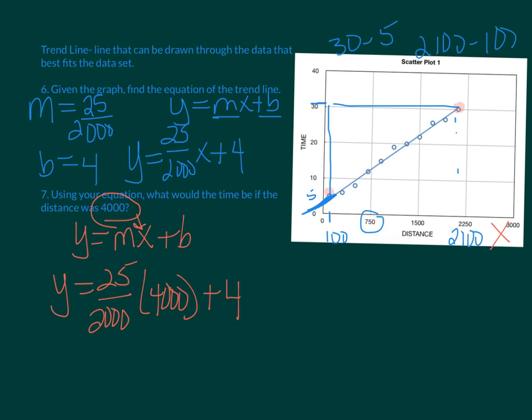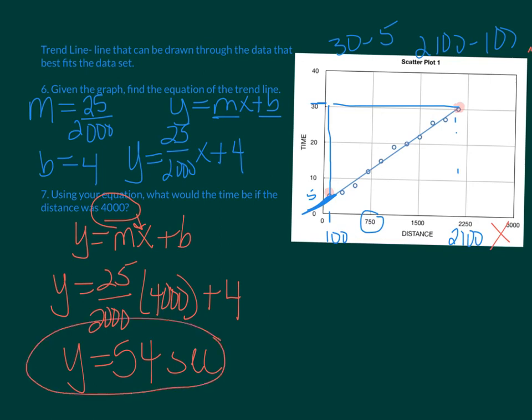And then I'm going to do this in the calculator. So I'm going to go ahead and put 25 divided by 2,000. Okay, equals, and then I'm going to take and multiply that by 4,000. And then I'm going to add 4. And I get 54. So my answer is 54 seconds. So it would be, it's going to be up over there. Okay. All right. So you will have to use your equation to find this answer on the test.